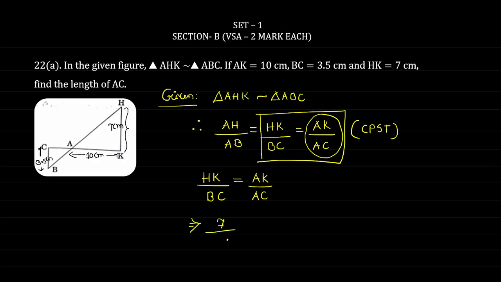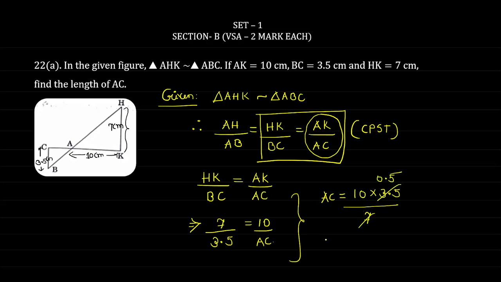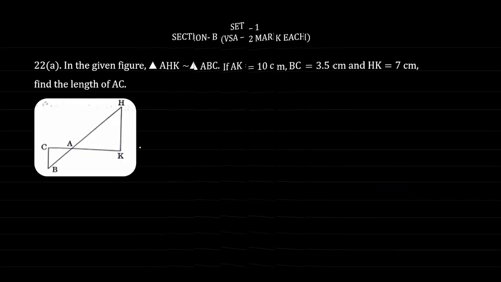HK is 7 centimeters, BC is 3.5 centimeters, AK is 10 centimeters, AC we need to calculate. So the AC value can be calculated as 10 into 3.5 divided by 7. This will be equal to 0.5 times 10, and the multiplication will give us the answer as 5 centimeters. So the length of AC is 5 centimeters. That is the answer for this question. Moving on to the OR part here.